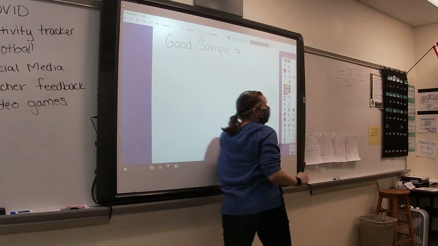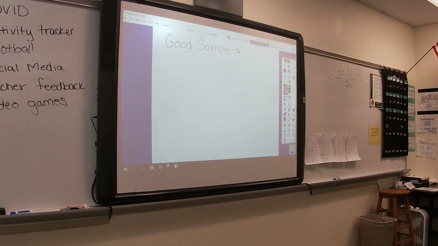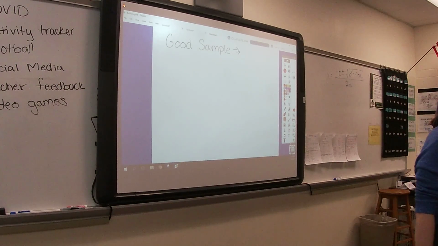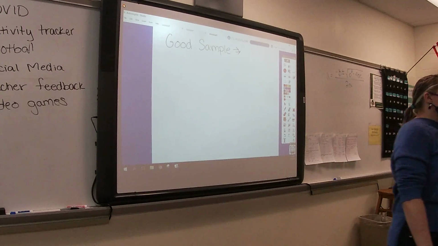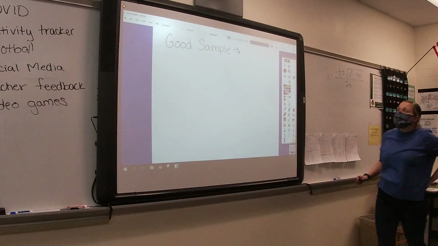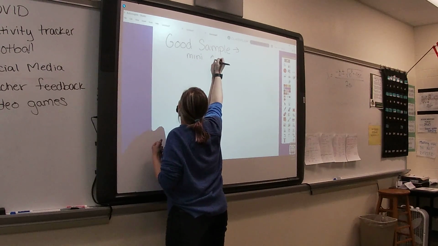If I take a random sample here of 700 students at Westfield High School and I get all white kids with blonde hair, that's probably not going to be a good sample. Statistically speaking, that's almost impossible to happen, but if it did, that would be a bad sample. A good sample means that our sample is sort of a mini version of the big.